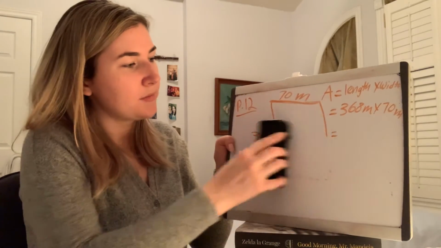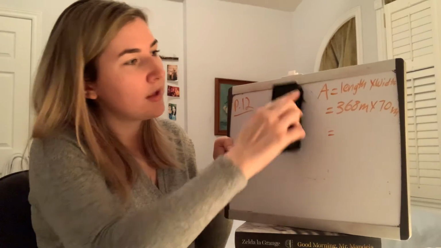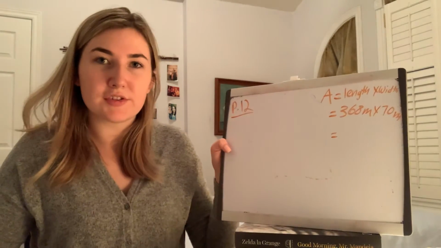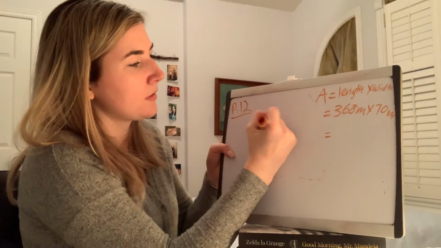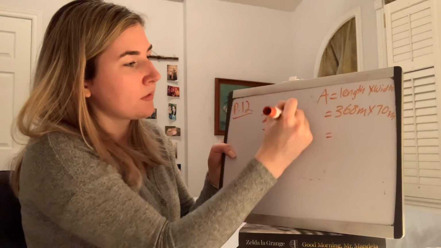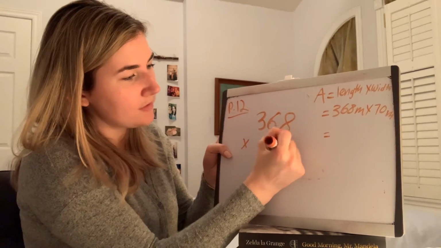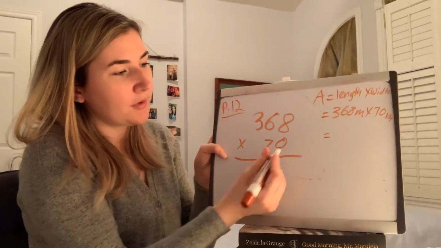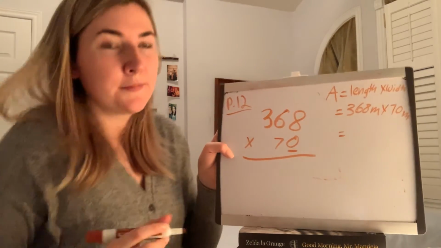So in the meantime, I'm just going to erase our picture here. And let's solve what 368 times 70 is. So again, we're first going to look at our first number in the ones column.